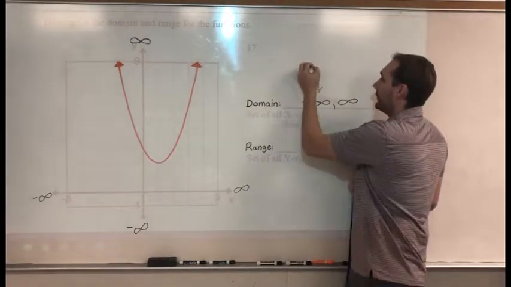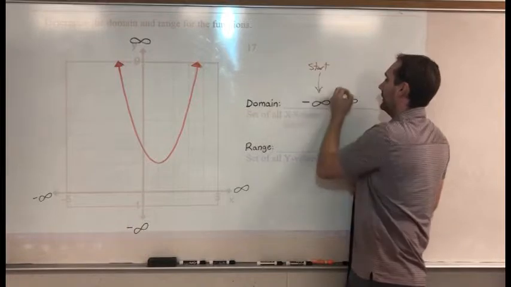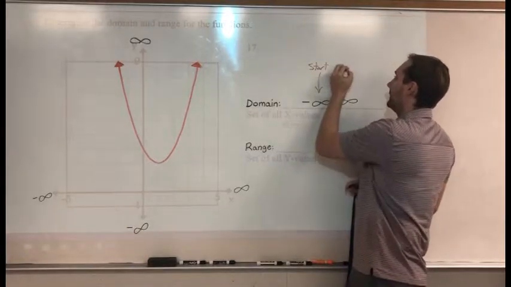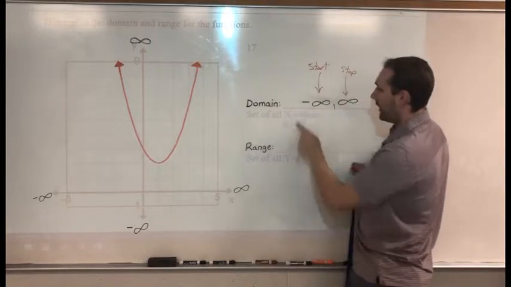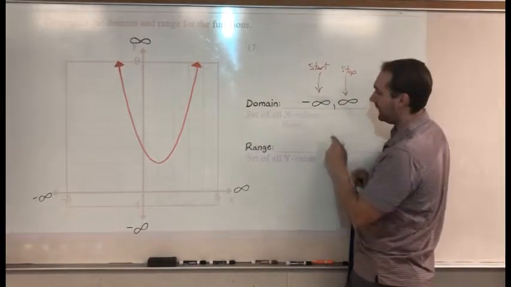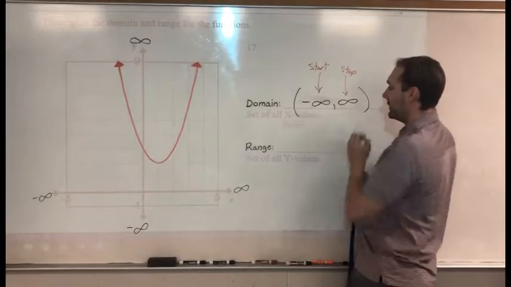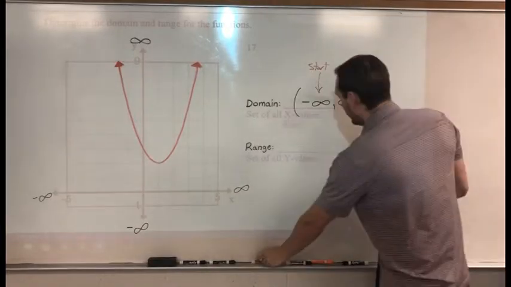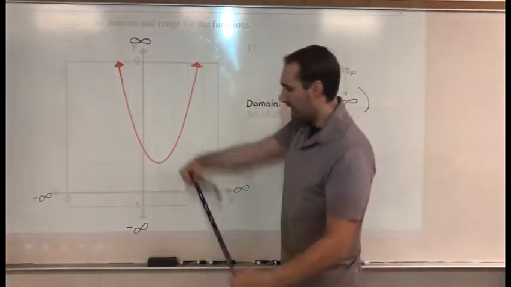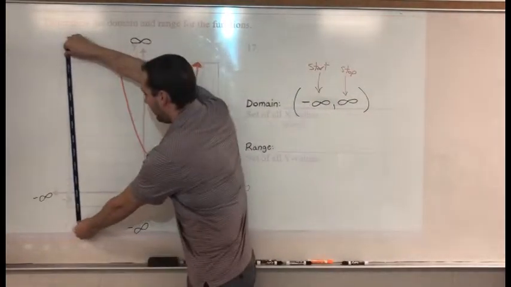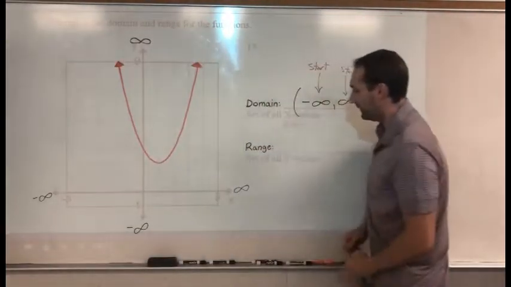This will be your start of the graph, and this will be your stop. And since we're using interval notation, we've got to use those parentheses or brackets. I know I'm never going to reach these, never going to equal infinity, so I'm going to use parentheses. So here's the domain of this graph, looking at the x values, all the way from -infinity to +infinity.